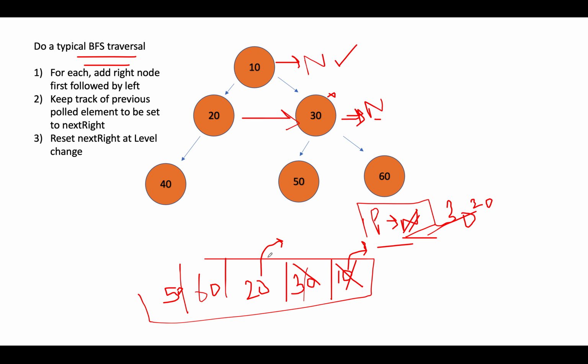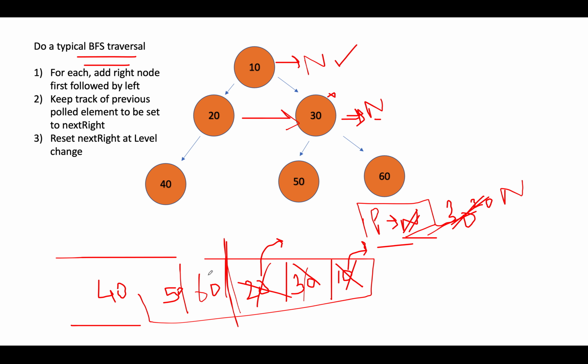Also, we'll add its children into the queue. It doesn't have a right child, so we'll only add its left child, which is 40. So we added 40 to the queue. This point marks the completion of one level. So we need to reset the previous next node.